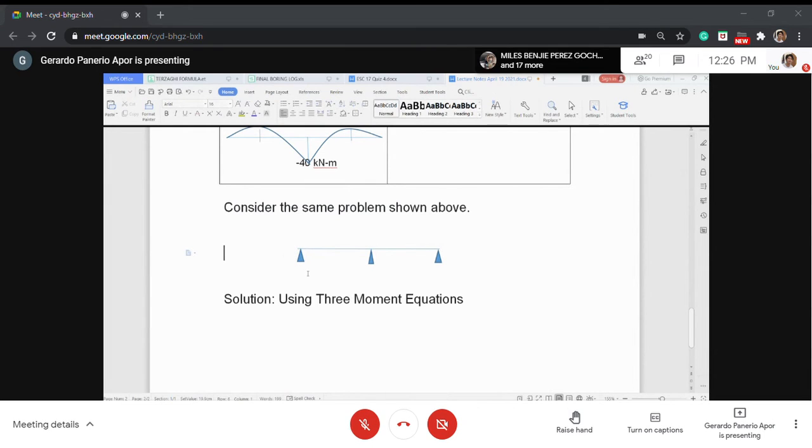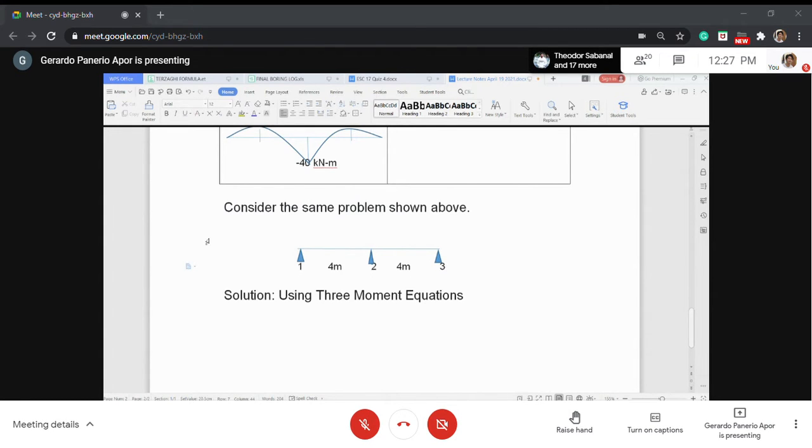Now, the distance between this is 12. Then this one is 0.1, then this one is 4 meters. This one is 0.2. And you have 4 meters. And you have 0.3.